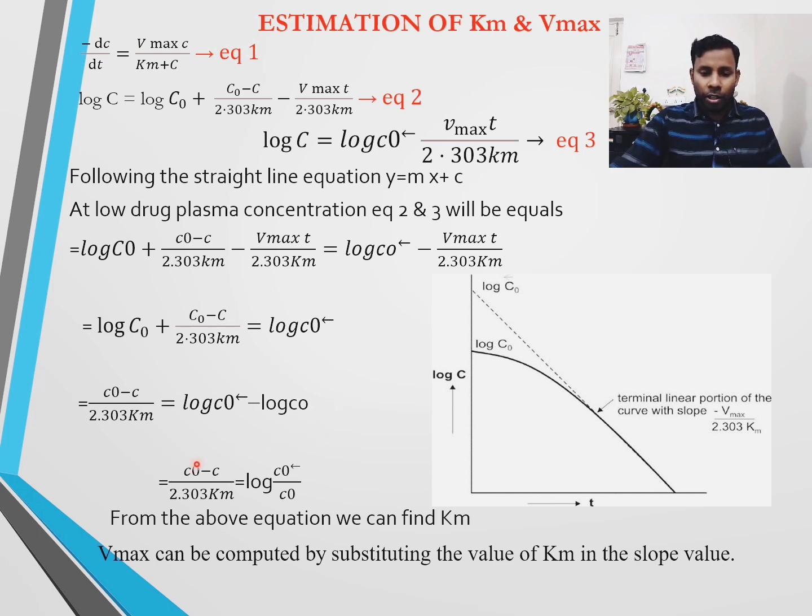As we know, log C0 back minus log C0 can be written as log of C0 back by C0, because we know log M minus log N is equal to log M by N. So this will be C0 minus C by 2.303 Km is equal to log C0 back by C0. From this equation we can find Km because we have every other data. If we put in the values, we will get the Km value.